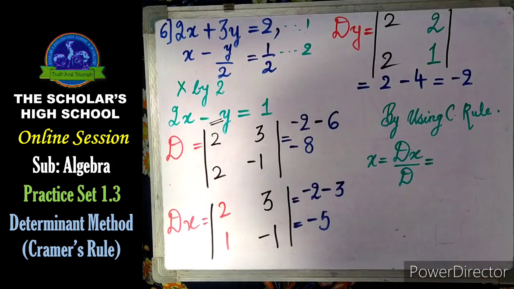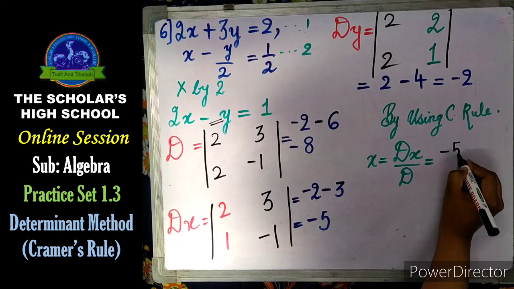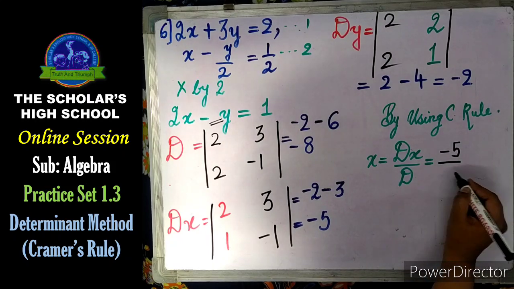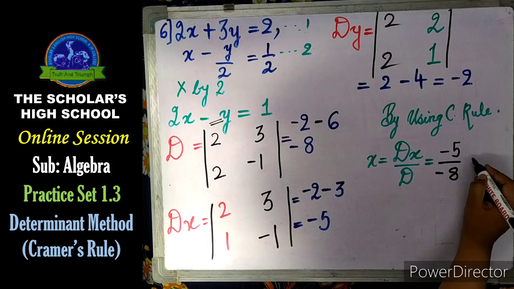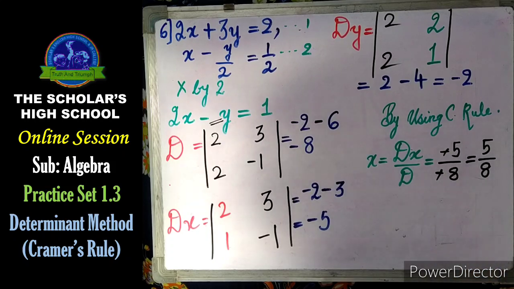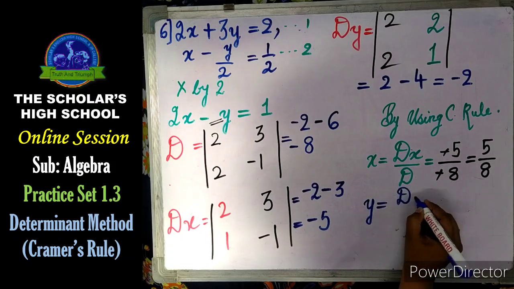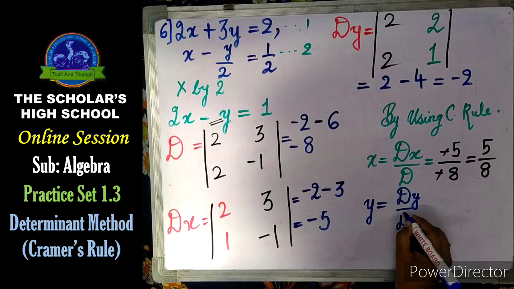We'll put in the values. What is the value of dx? Minus 5. And what is the value of d? Minus 8. So minus minus will get cancelled. 5 is an odd number and 8 is an even number, so this is your simplified fraction. Now coming to y is equal to dy upon d.